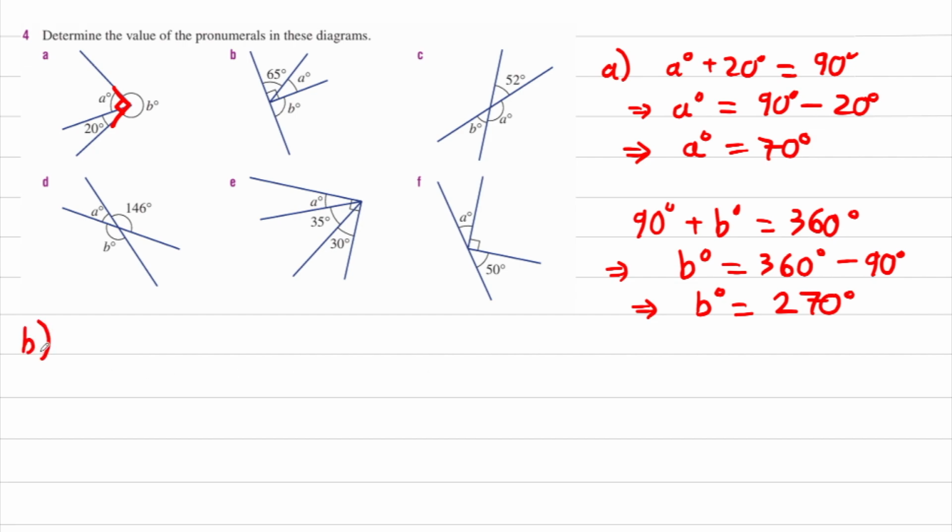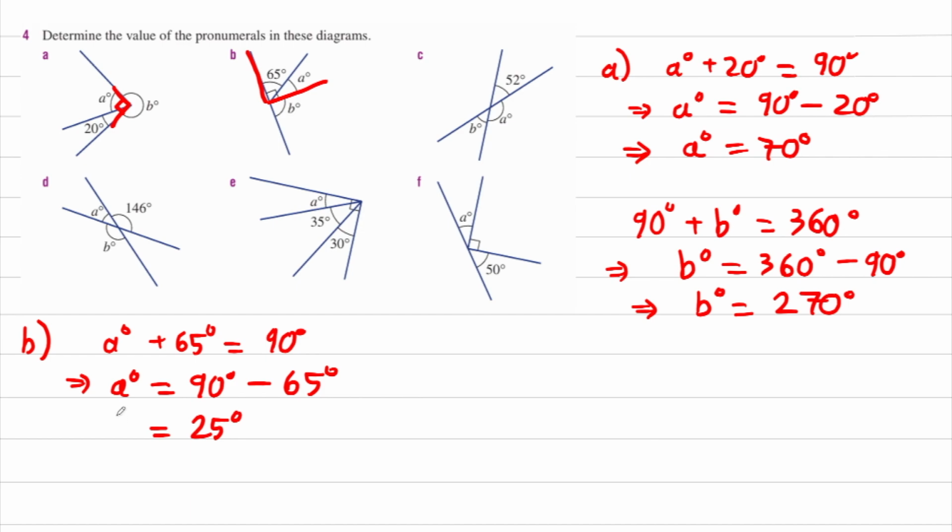Question B, you have this one, A, B, and 65. The angle 65 and A here make a 90 degree angle. So A degrees plus 65 degrees makes 90 degrees, and then you get A degrees equal to 90 degrees minus 65, and then you get 25.